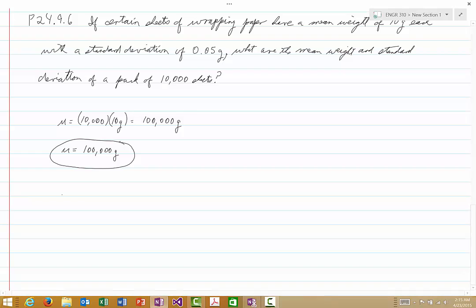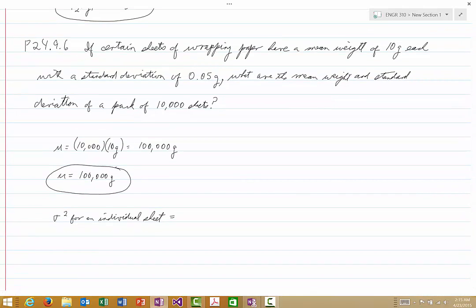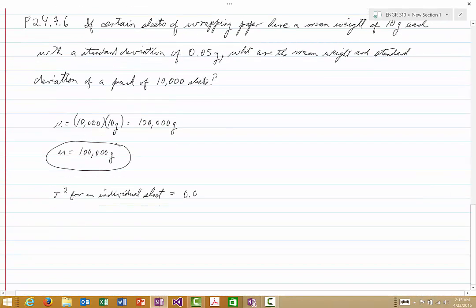And so, therefore, in order for us to find the standard deviation for the entire pack, we have to add up the variances for all the sheets. Now, what is the variance for an individual sheet? Okay, sigma squared for an individual sheet, since the standard deviation is 0.05 grams, then we have to square that to get the variance.